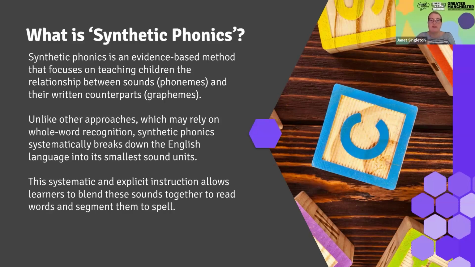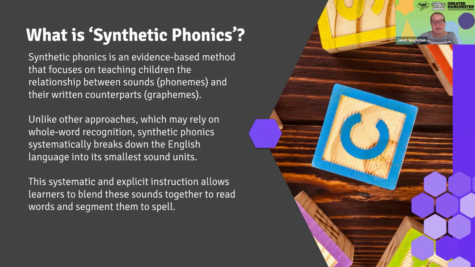So synthetic phonics is an evidence-based method that focuses on teaching children the relationship between sounds, which is your phonemes, and the written counterparts, graphemes. So unlike other approaches, which may rely on whole word recognition, synthetic phonics systematically breaks down the English language into its smallest sound units.